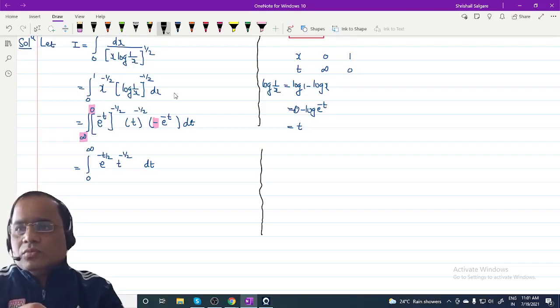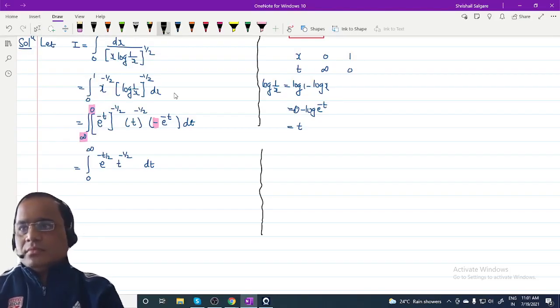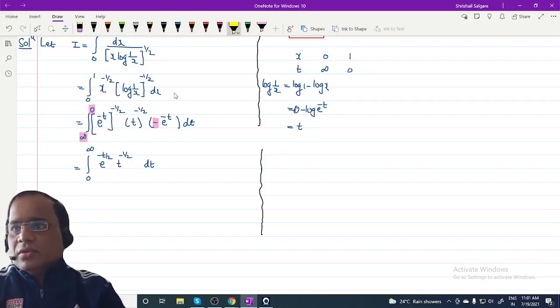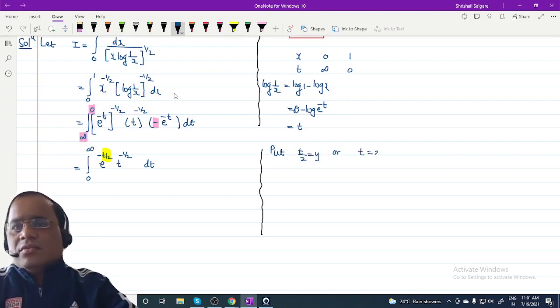Very good. So once again, for the parameter we require e to the power minus y. That's why once again you have to make substitution. Put t by 2 is equal to some y, or t is equal to 2y. So this implies dt is given by 2 times dy.